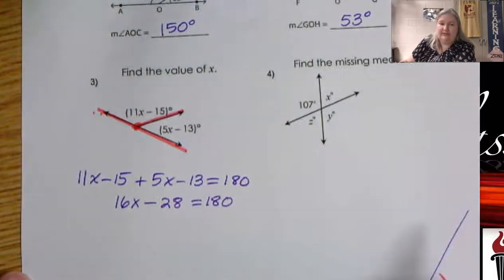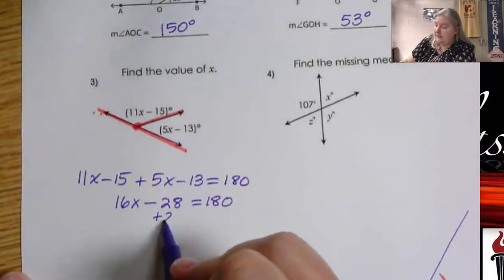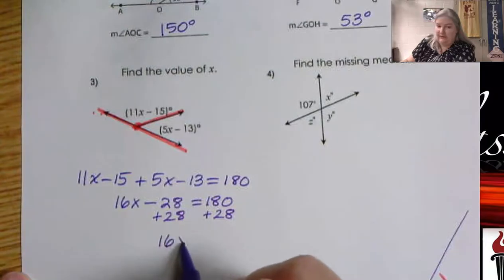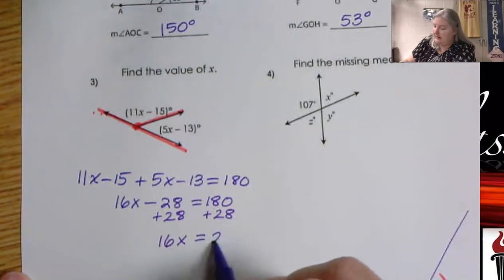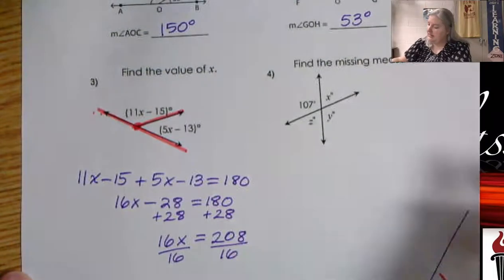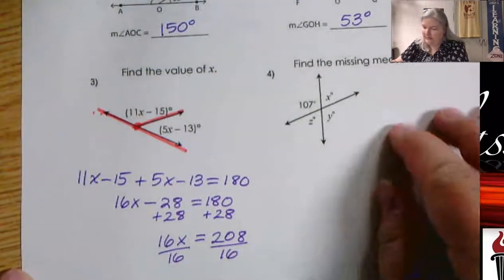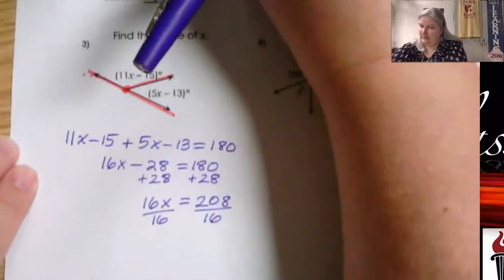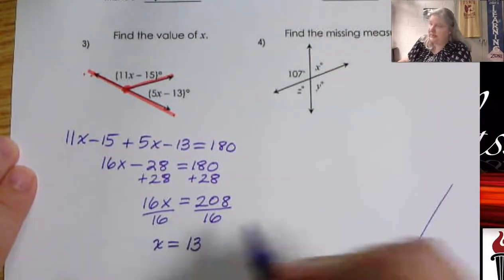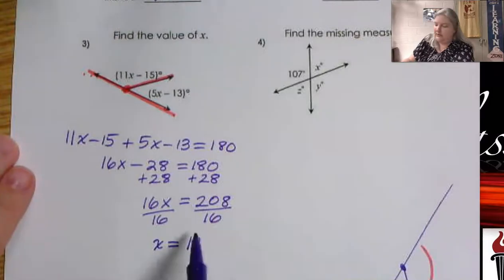Now I'm going to collect my like terms on one side, so all the numbers are going to go over on the right, leaving the variables on the left. And I have 16x equals 208. Divide both sides by 16, and that goes 13 times. So the value of x is 13.